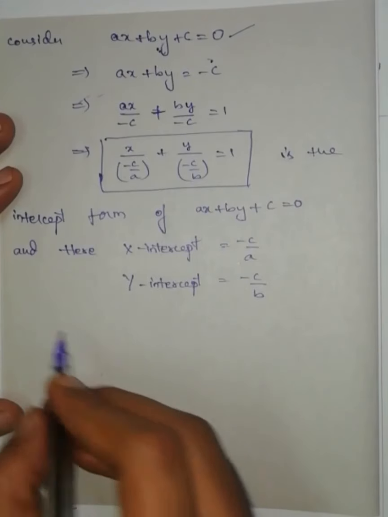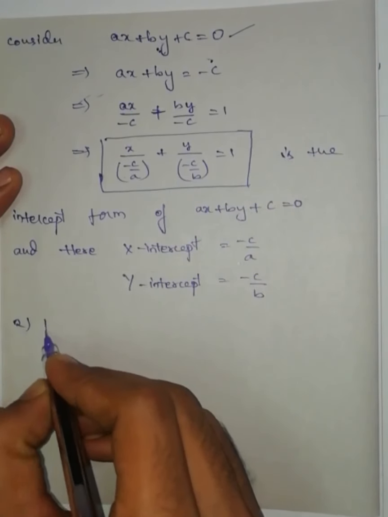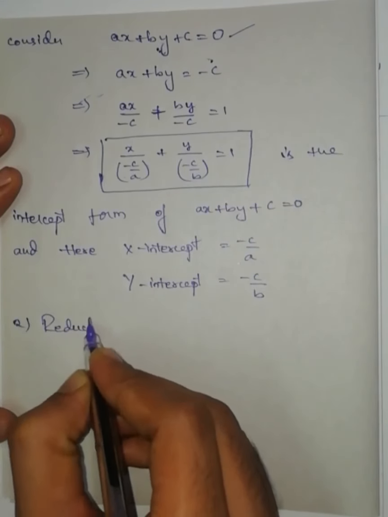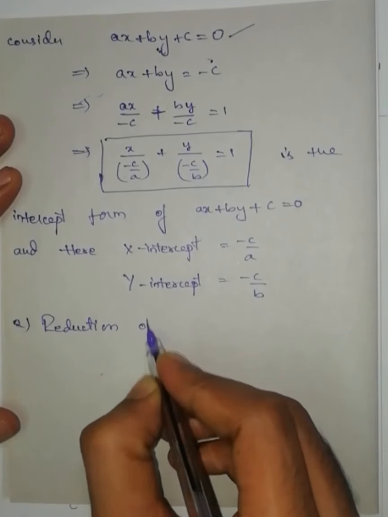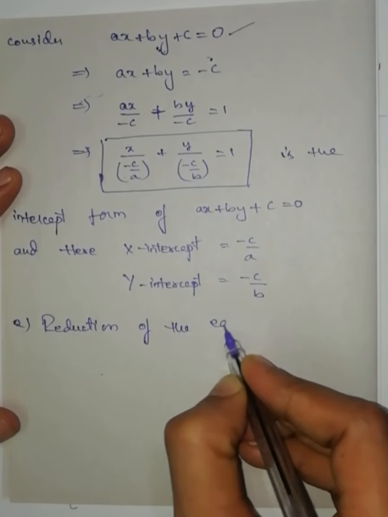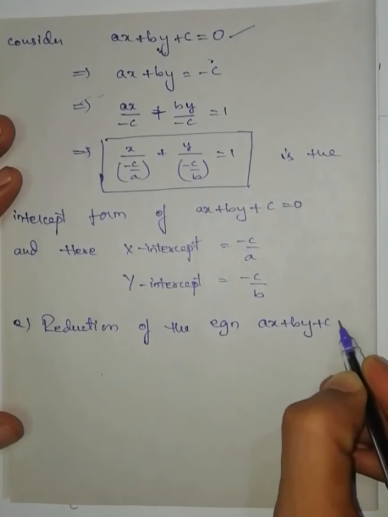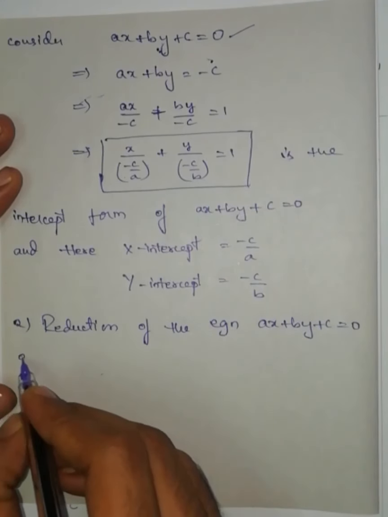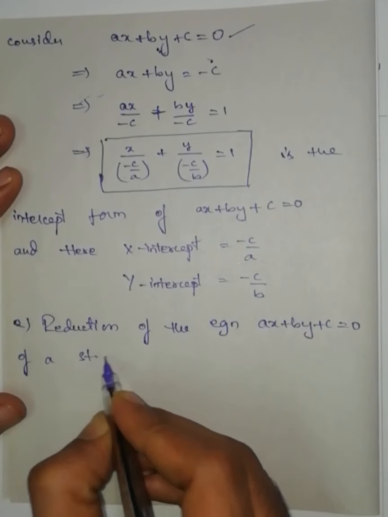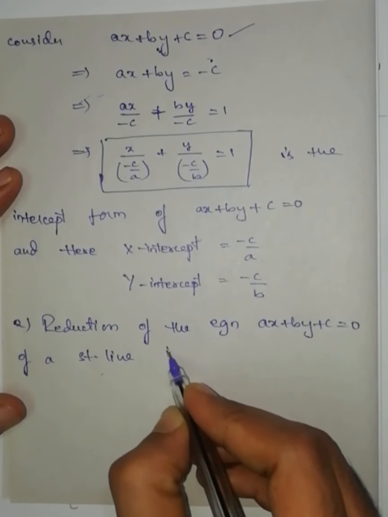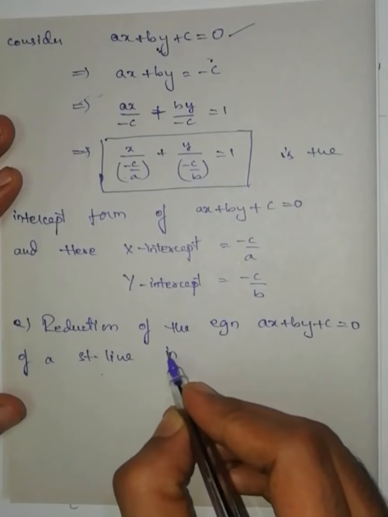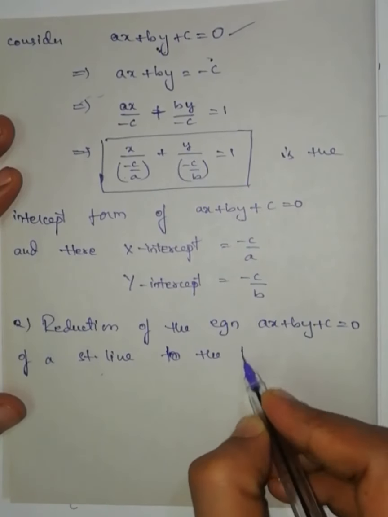Now the second one: reduction of the equation ax plus by plus c is equal to 0 of a straight line into the normal form.